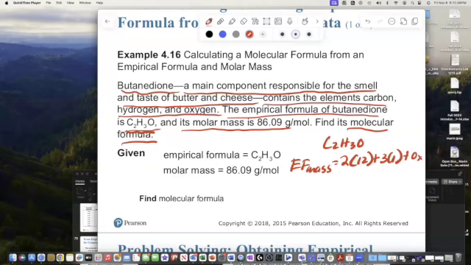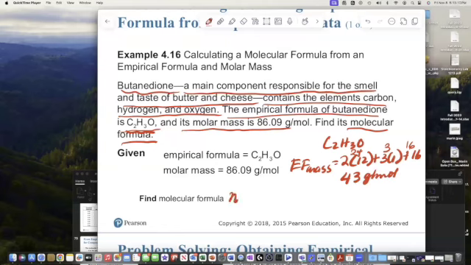So let me erase that and actually put the number there. I don't know why I put the symbol. Go back. This is 16. So we end up with, this is what, 24, 3, 16, 43. Okay, so we end up with 43 grams per mole.